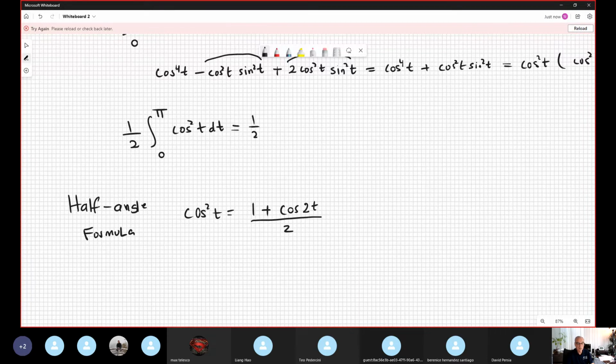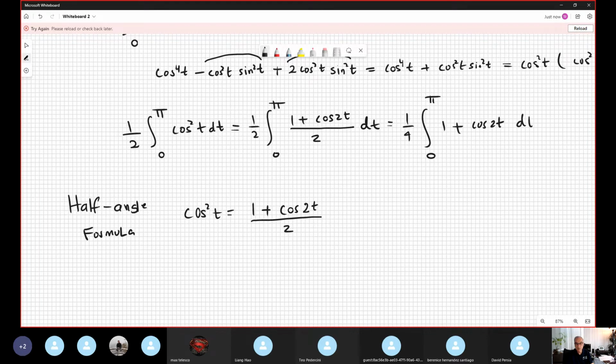This is 1/2 integral from 0 to pi of 1 plus cosine 2t over 2, and these two together, dt, don't forget dt, is 1 over 4 integral from 0 to pi of 1 plus cosine 2t dt.